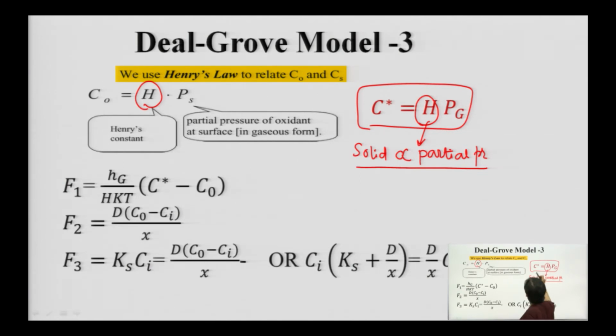If I substitute this, since my C star, or equilibrium concentration, is equal to H times Cg, I can represent this in the form of partial pressure, or I can represent this directly in the form of C star, because this is my solid.